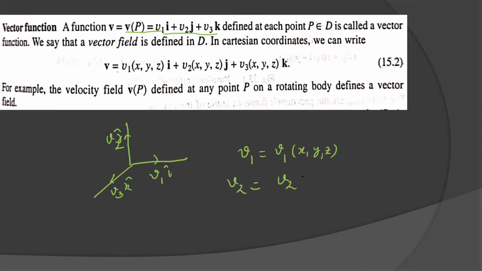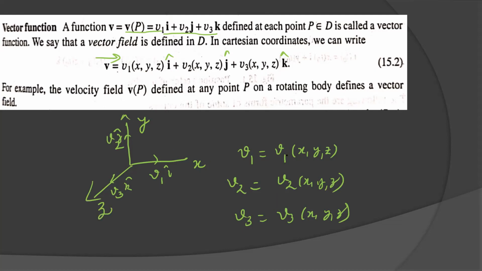Then the vector v is defined as v1(x, y, z) i plus v2(x, y, z) j plus v3(x, y, z) k, where these are the unit vectors along the x-axis, y-axis, and z-axis.